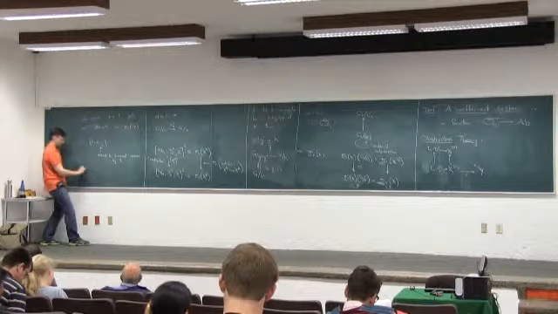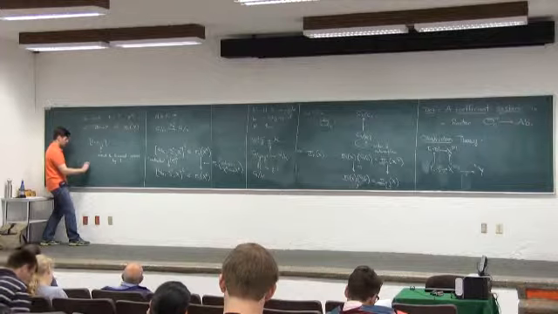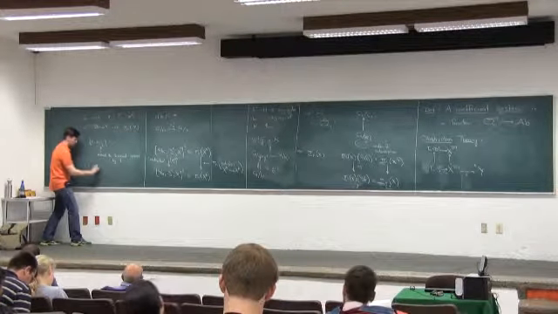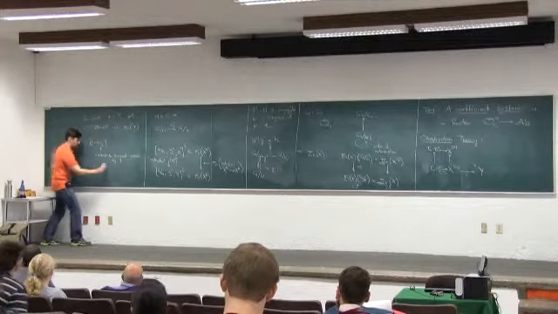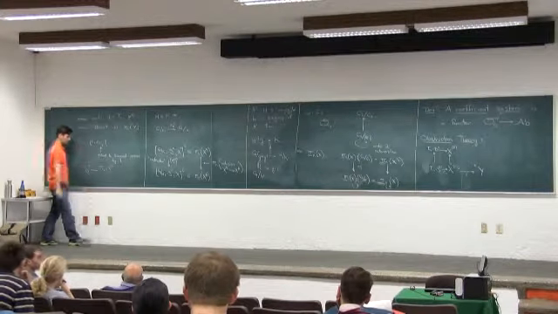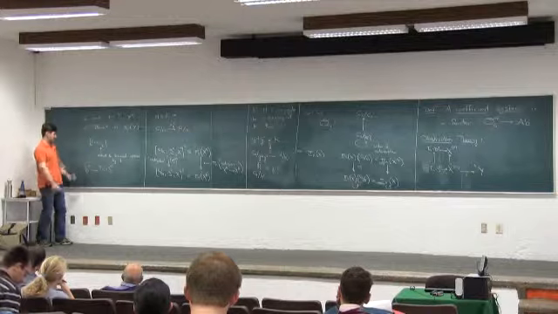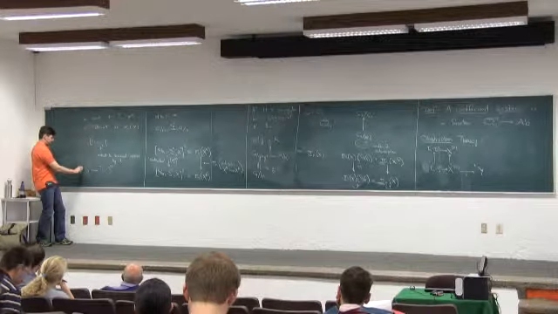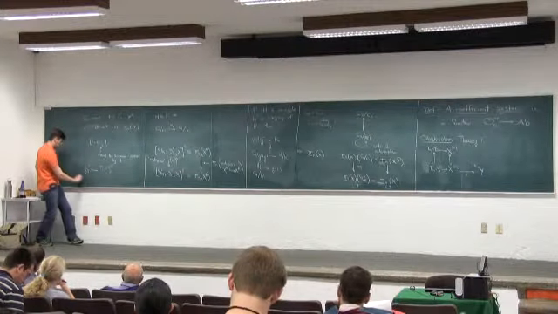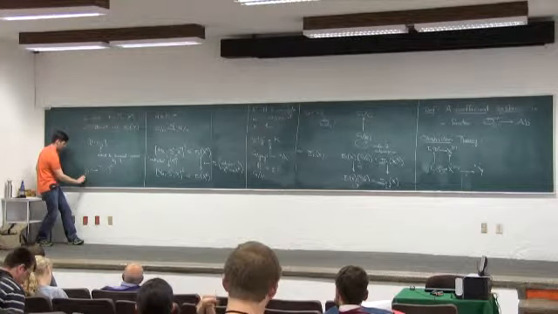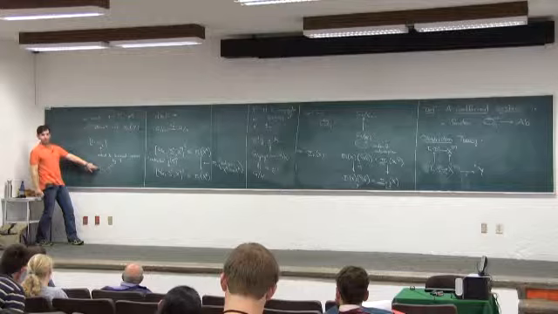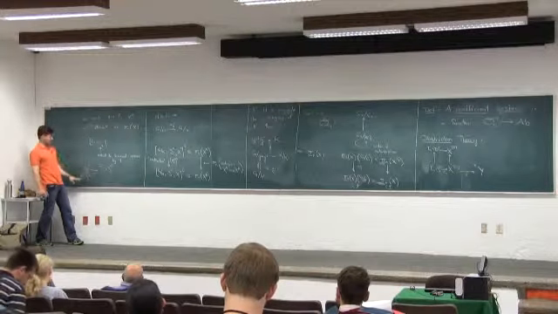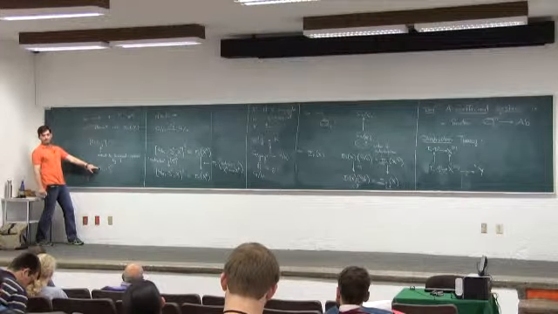So in other words, I have a map S^{n-1}. This sits inside T_n plus smash S^{n-1}. This is S^0 smash S^{n-1}, and then a choice of point of T_n is the same as a map from S^0 into T_n plus.